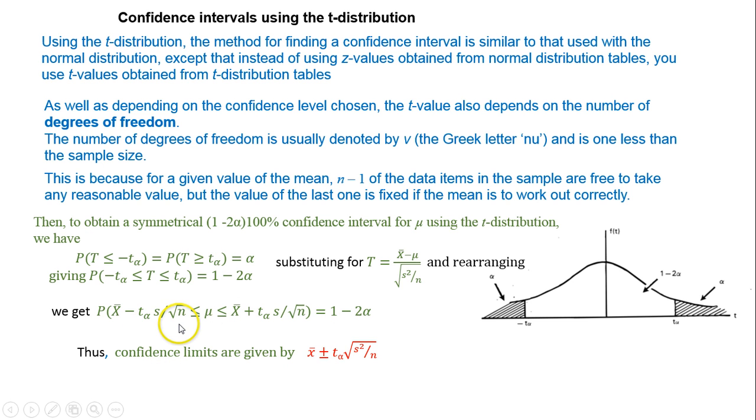Therefore, the confidence limits, the end points, would be x bar for the sample plus or minus the t from the tables times the square root of the variance of the mean with our estimate of s squared.